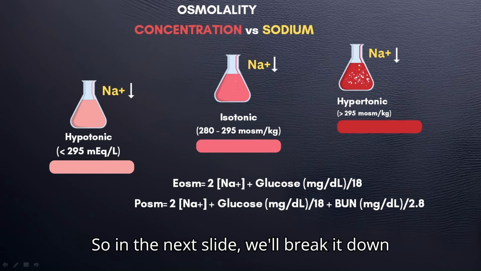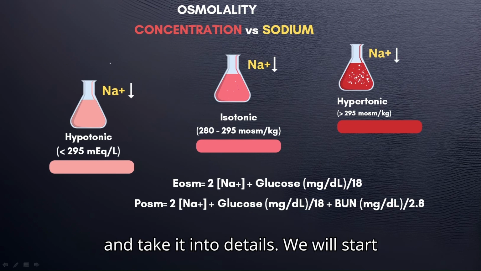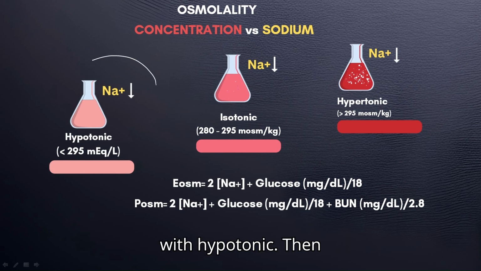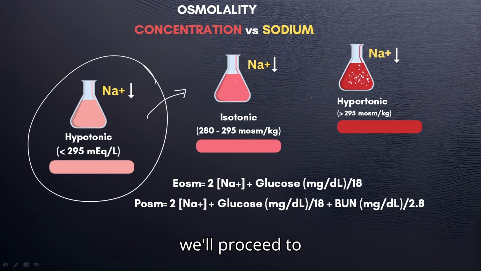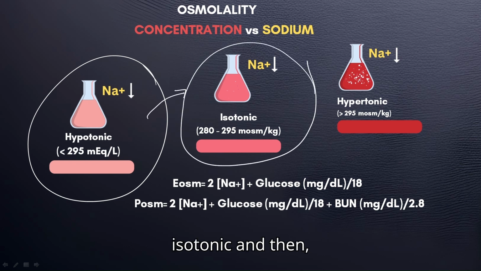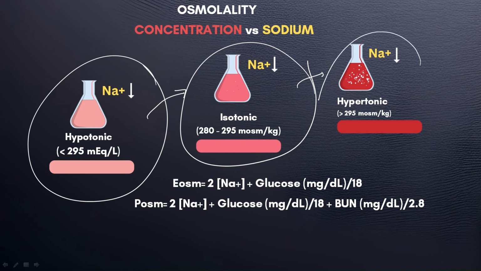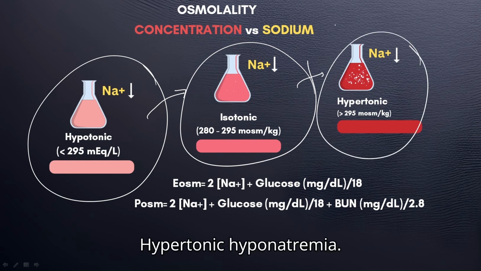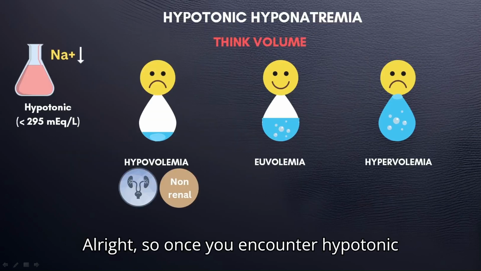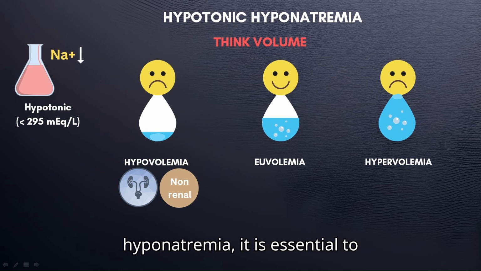So in the next slide, we'll break it down and take it into details. We will start with hypotonic, and then we will proceed to isotonic, and then hypertonic hyponatremia. All right, so once you encounter hypotonic hyponatremia, it is essential to prioritize volume status.